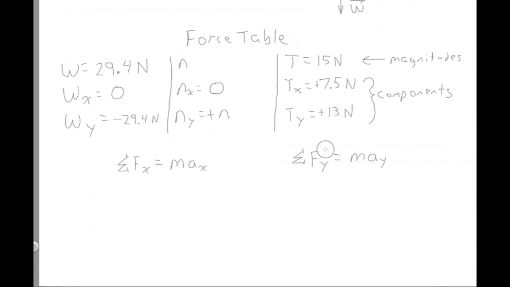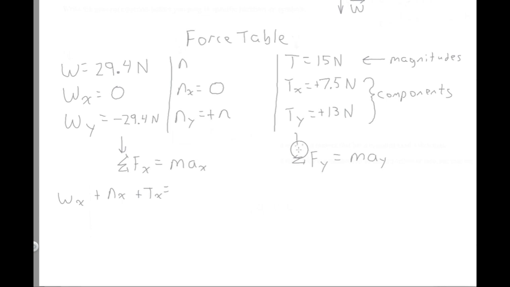Now, how do we start plugging into these? Do you know what this symbol means? You should know that this symbol is called sigma. But what does it mean? It means add. So this symbol means that we should add all the x components of the forces. We need to add W sub x plus n sub x plus T sub x.